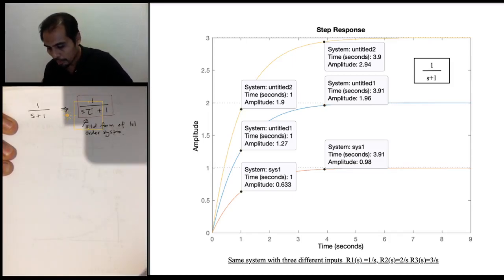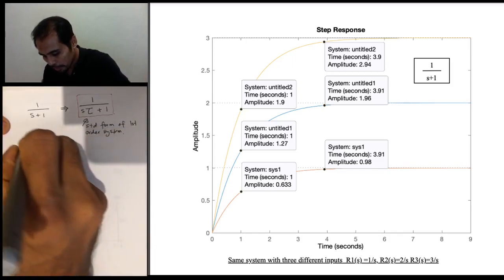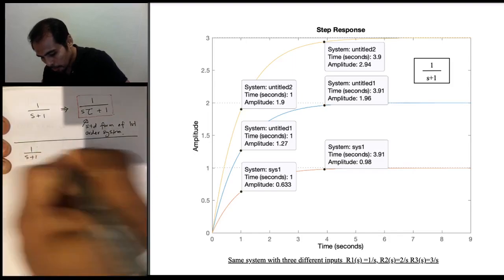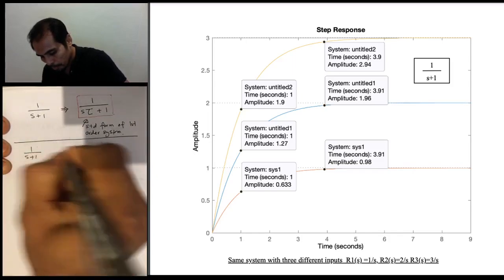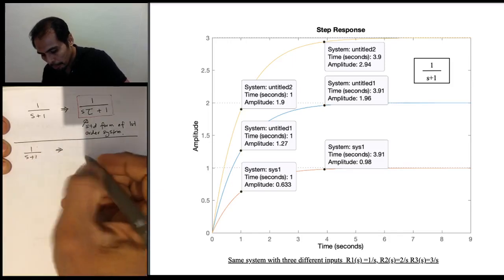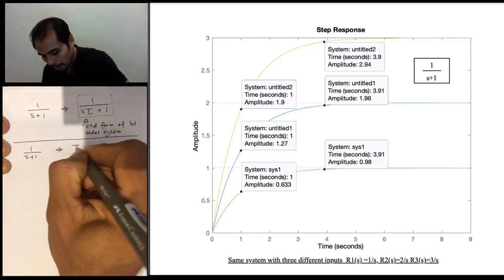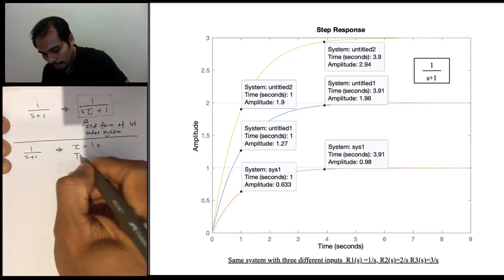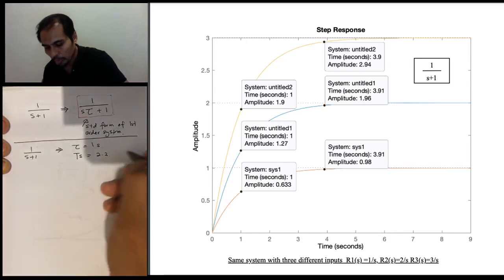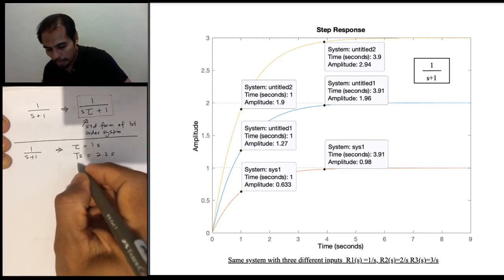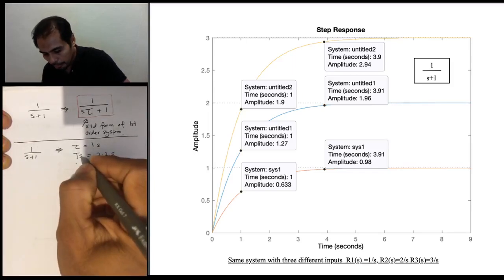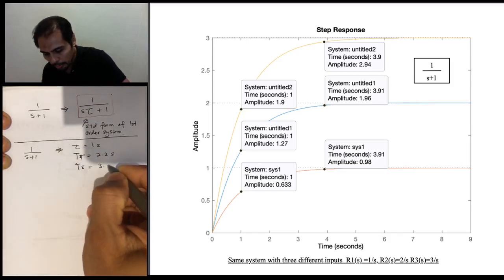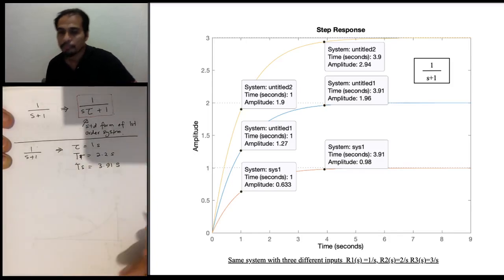From the previous example, for 1 over s plus 1, whatever input we supply, we get tau equal to 1 second, rise time equal to 2.2 seconds, and settling time equal to 3.91 seconds.